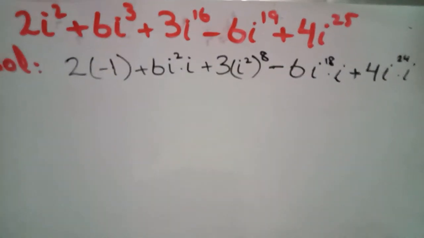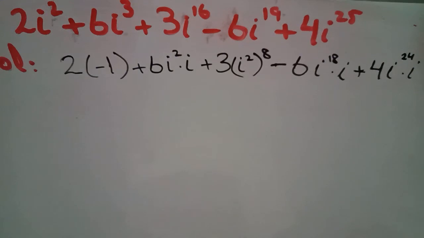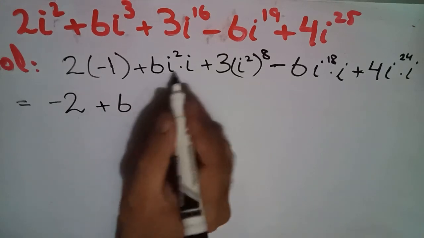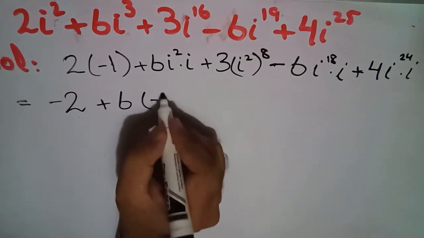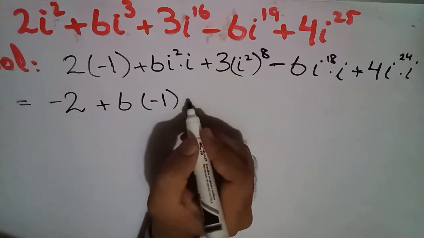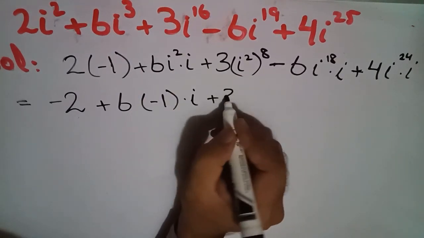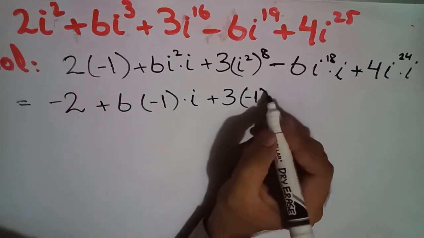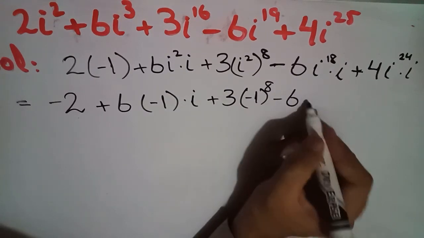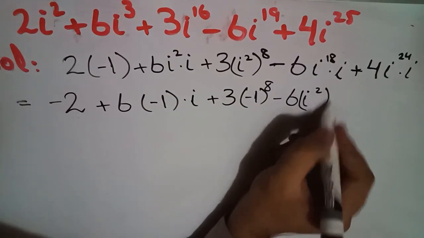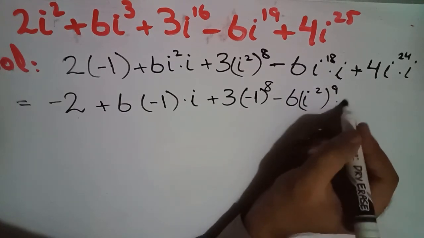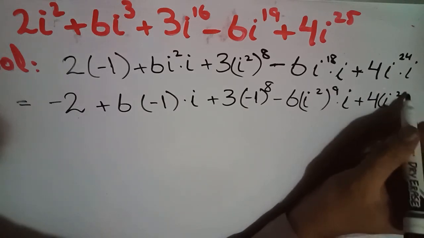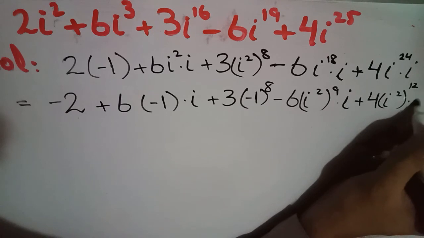So this is equal to minus 2 plus 6 iota square can be put into minus 1 into iota, minus 3, and in place of iota square I am placing minus 1's power 8, minus 6 iota square's power 9 into iota, plus 4 iota 24 can be written as iota square's power 12 and into iota.